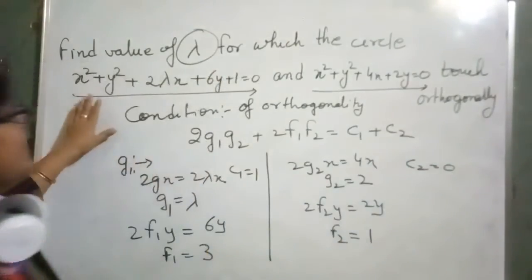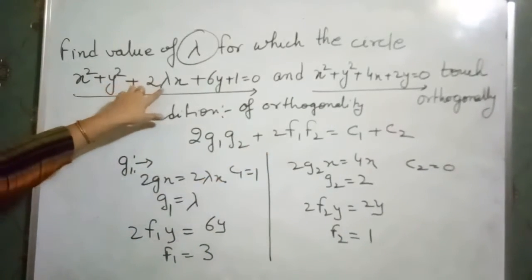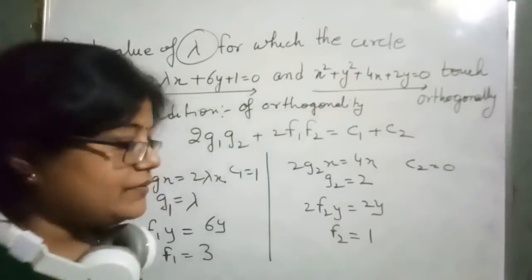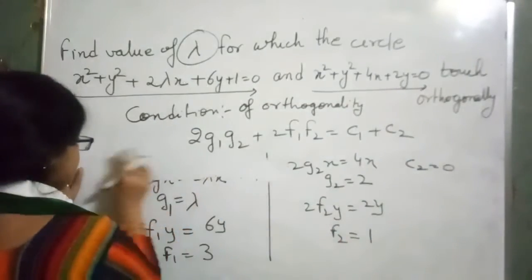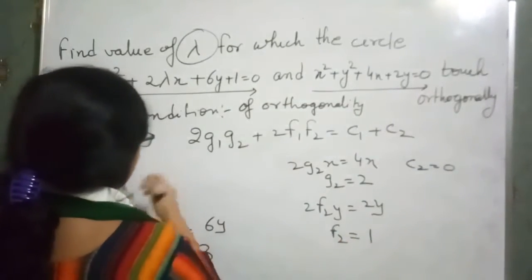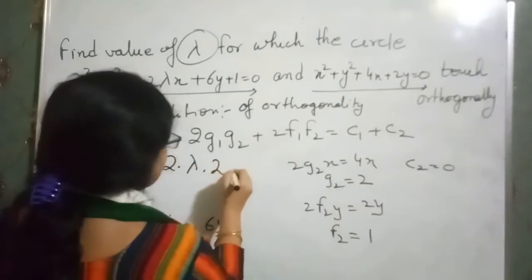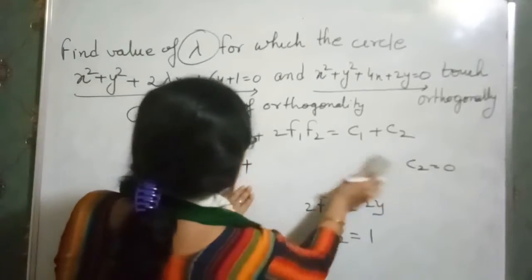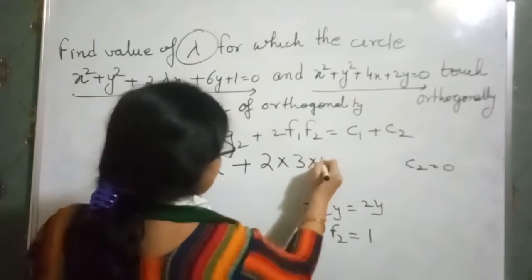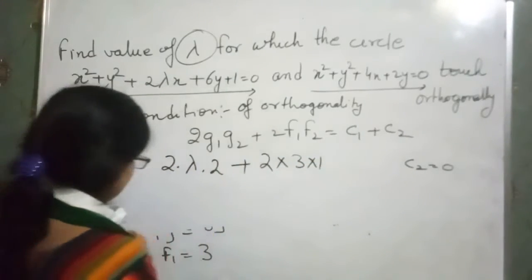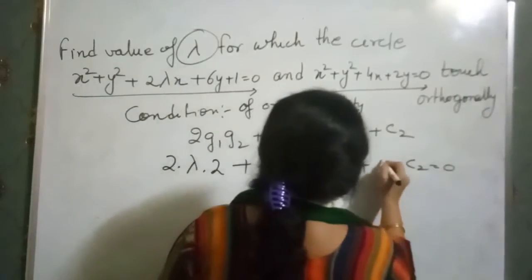In this way we find all the values of g1, f1, g2, f2, c1 and c2 from the equations. Now put all the values in the standard equation. That means g1 is equal to lambda, so 2 into lambda, g2 is equal to 2, plus 2 f1 f2, f1 is 3 and f2 is 1, and the value of c1 is 1 plus c2, which is 0.